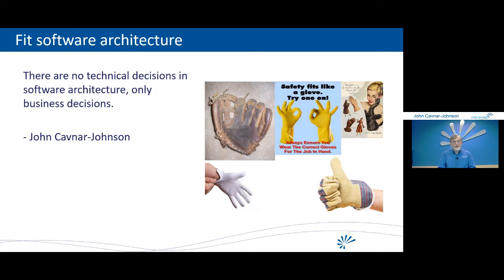We need to make sure that we keep our software fit for the purpose. I've seen a lot of projects go off the rails, quite honestly, trying for some sort of technical purity. Technical purity is not wrong. It's not useful. It doesn't generally solve people's needs.